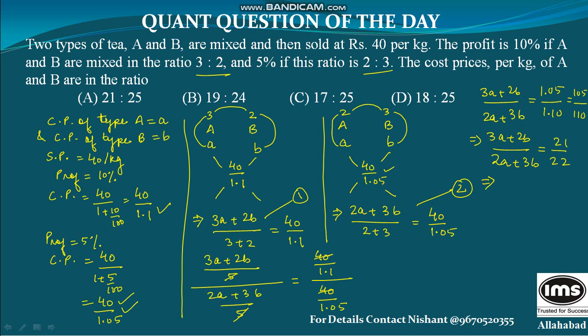By cross multiplying, we have 22 multiplied by 3A plus 2B, which is 66A plus 44B, is equal to 21 multiplied by 2A plus 3B. So this is 42A plus 63B.